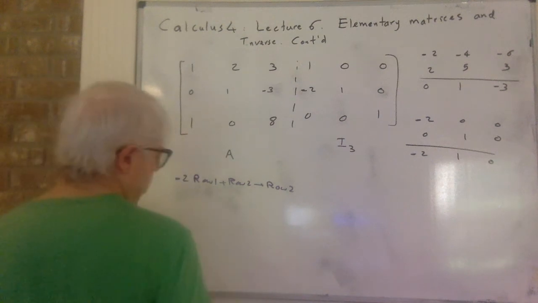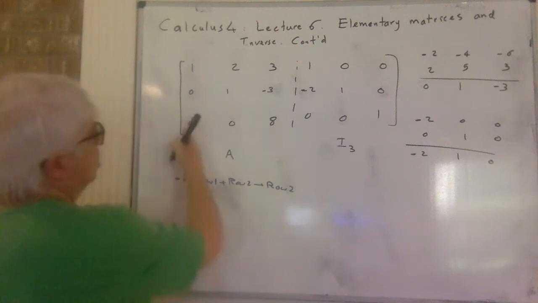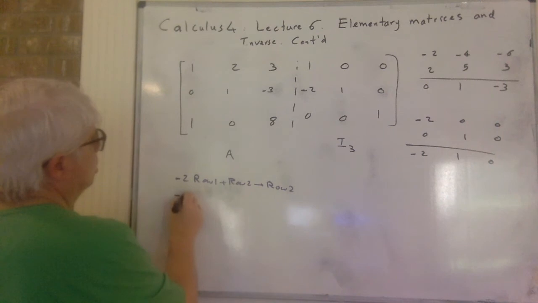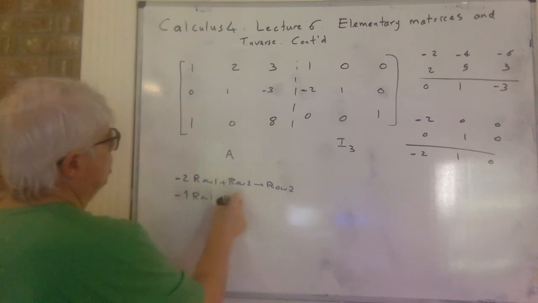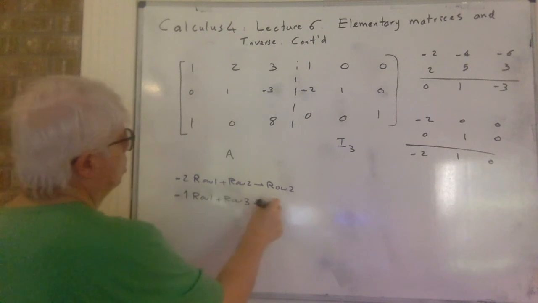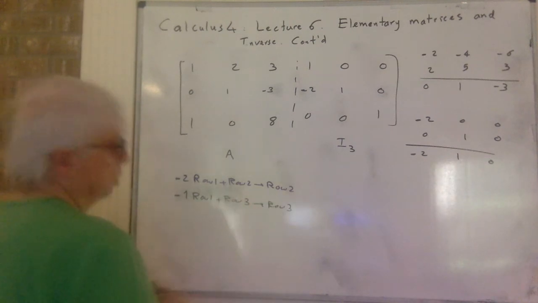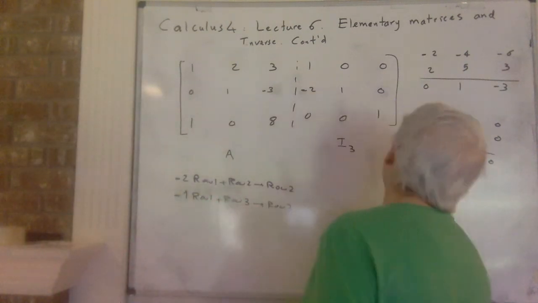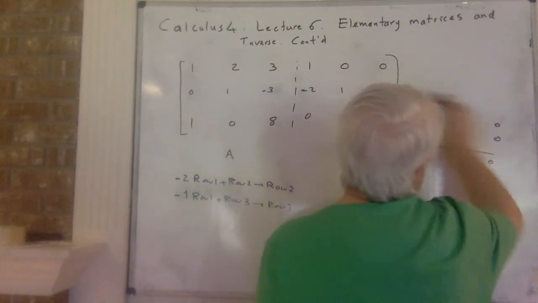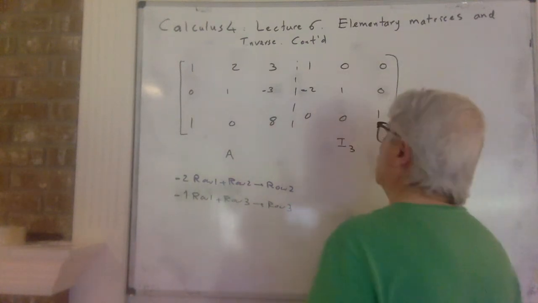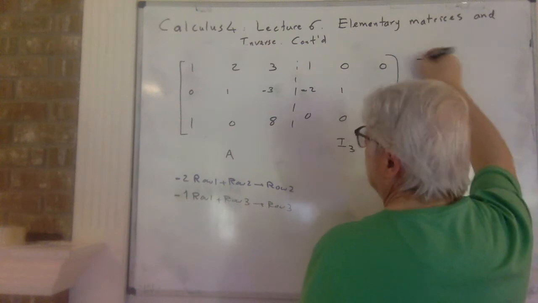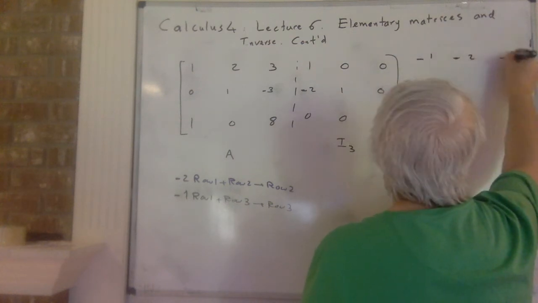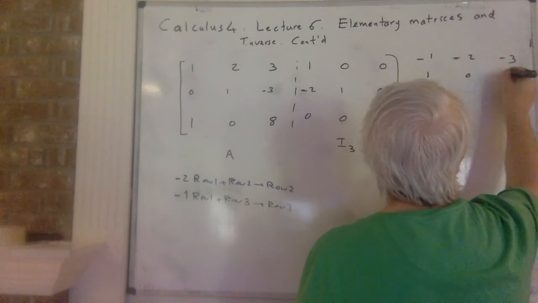Okay. Well, another operation is getting rid of this, so it's -1 times row 1 plus row 3 goes to row 3. So let me do it here on scratch paper. So I have -1, -2, -3, 1, 0, 8.